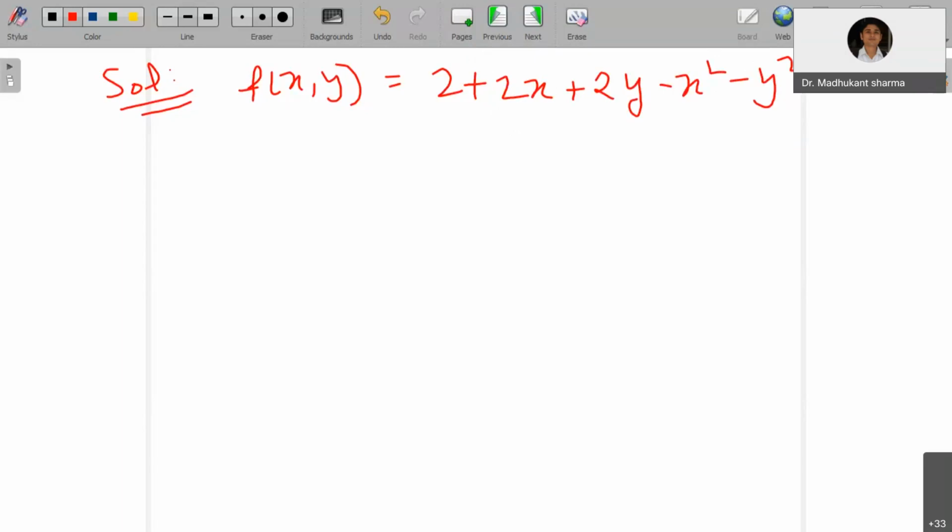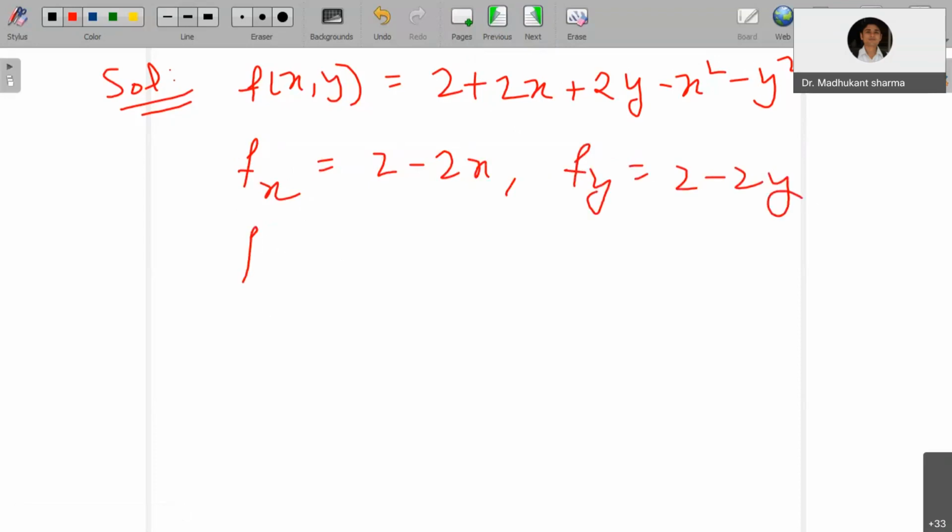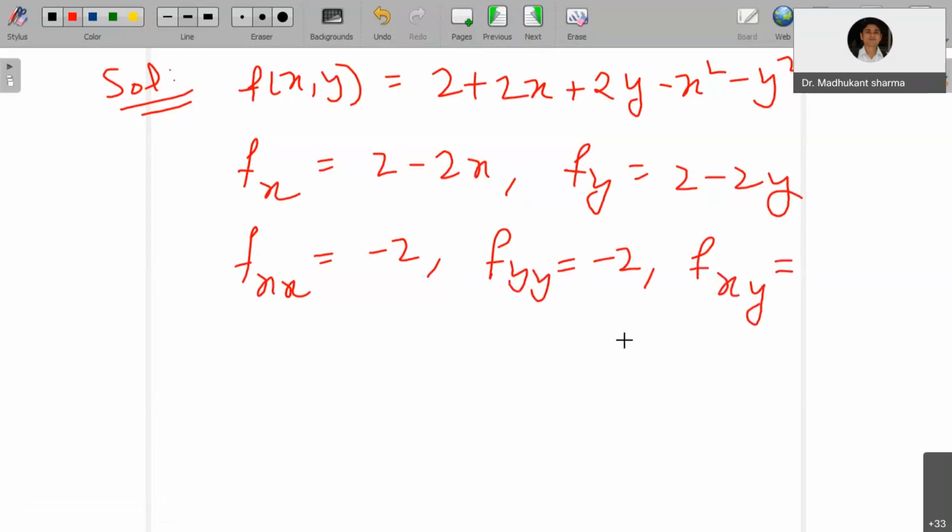The very first thing is it is easy to verify that this function is a nice function, and all first and second order partial derivatives exist and are continuous. fx is 2 minus 2x, fy is 2 minus 2y, fxx is minus 2, fyy is minus 2. The mixed derivative theorem is also applicable here, so fxy is 0.